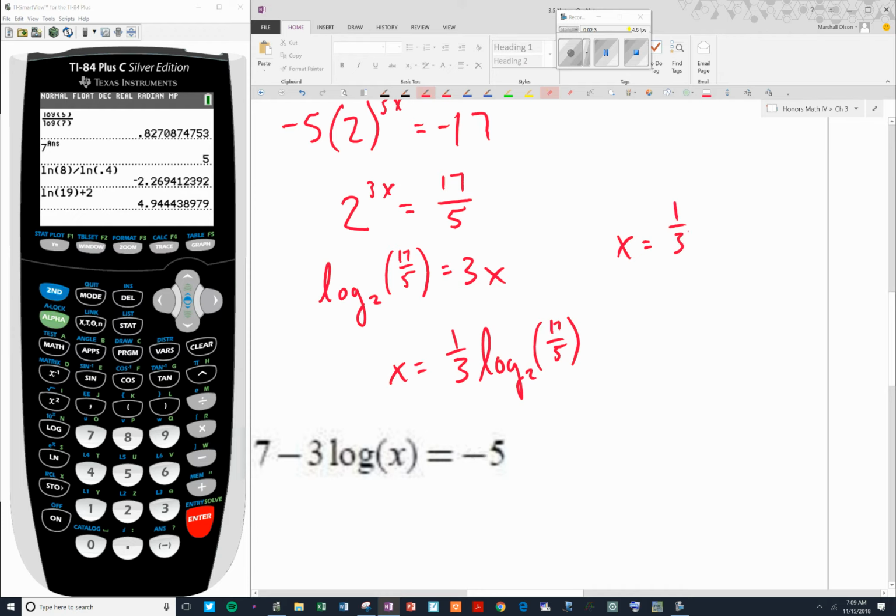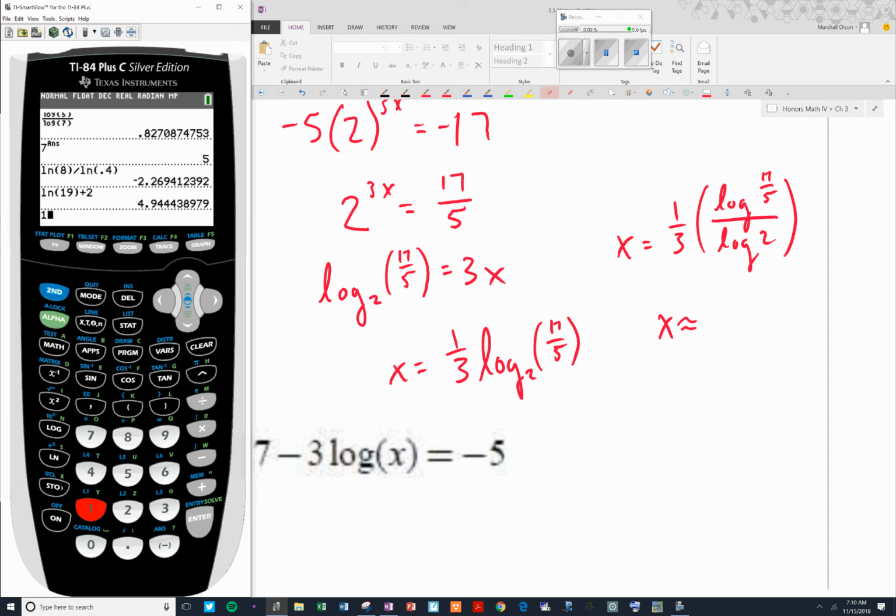That we have 1/3 of log 17/5 over log of 2. There's my change of base right there. If we go ahead and type that in, and again, I hope that you write this, especially on the quiz or test. If you use the template that's on your calculator, that's fine. In fact, I'm going to do that. I'm just going to divide by 3.